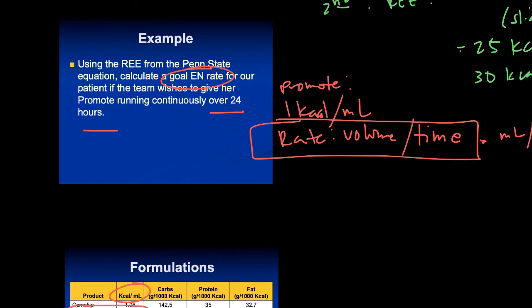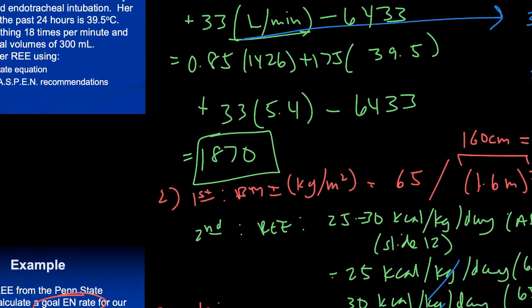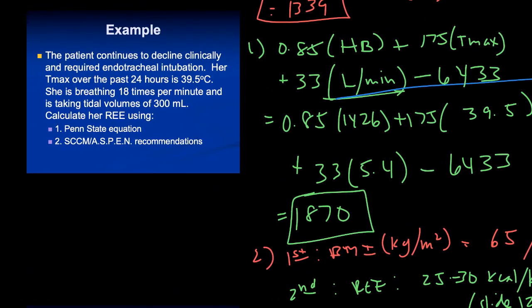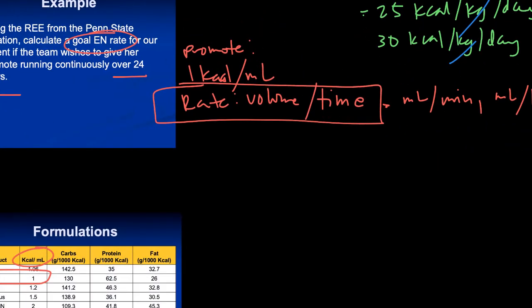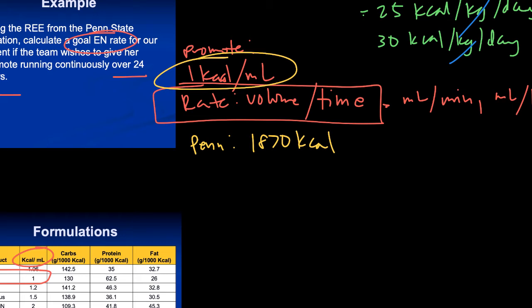So we know from the Mifflin-St Jeor equation, the Penn State equation, she needs 1870 kcal. We know the units here for Promote are 1 kcal per milliliter. So to cancel out the kcal, you're going to divide by 1 kcal per milliliter.